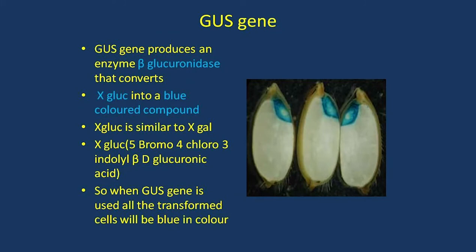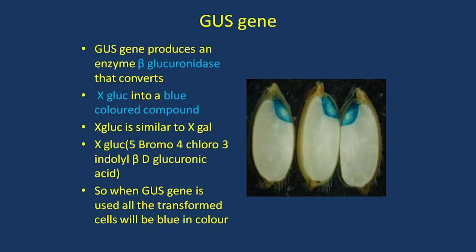Gus gene produces an enzyme beta-glucuronidase that converts X-gluc into a blue-colored compound. X-gluc is similar to X-gal. The full form of X-gluc is 5-bromo-4-chloro-3-indolyl beta-D-glucuronic acid.